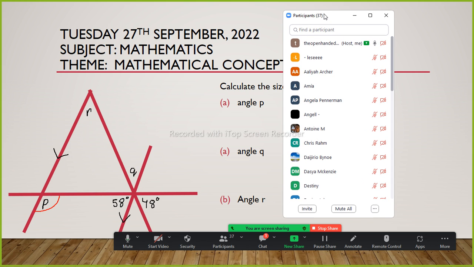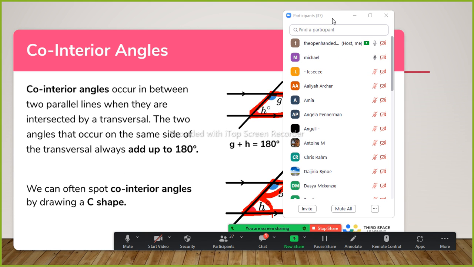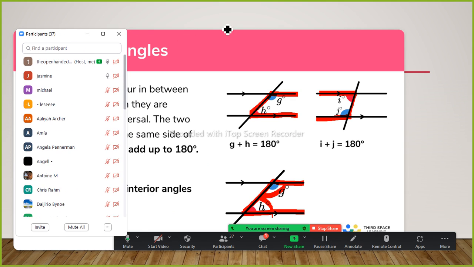In this case, we have a transversal, one parallel line, and another parallel line.